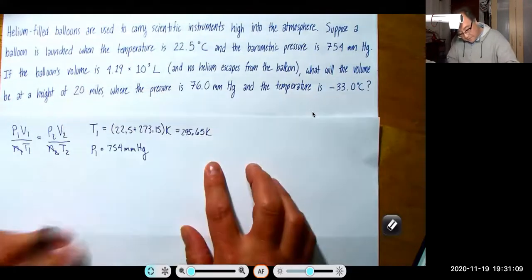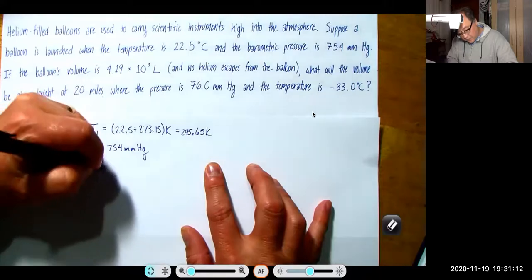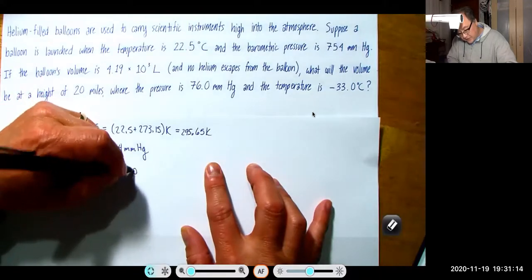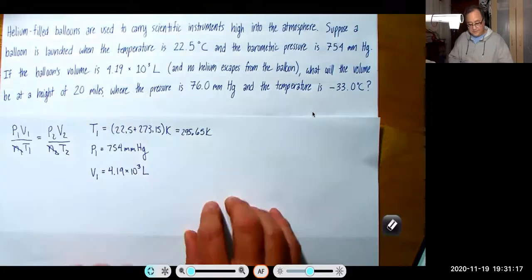And the volume, V1, is equal to 4.19 times 10 to the third power liters.